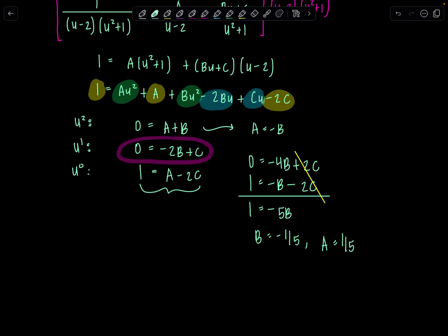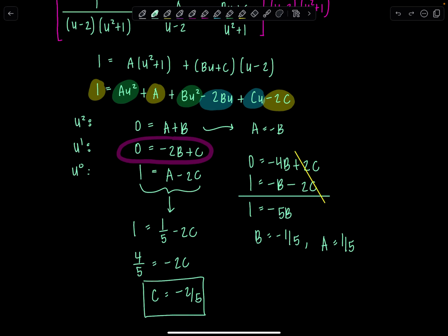And then I just have to find c, so let's just do that right here. So 1 equals 1/5 minus 2c. Subtracting 1/5, I have 4/5 is negative 2c, so c is going to be negative 2/5. Very good. Okay, let's just collect all of our constants, and then now I'm going to rewrite the integrand using the decomposition.